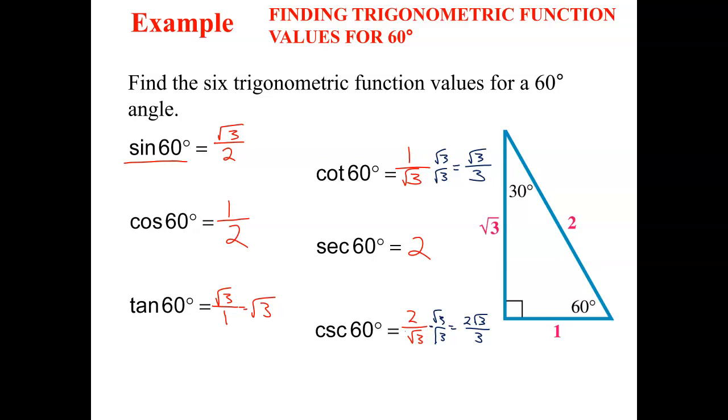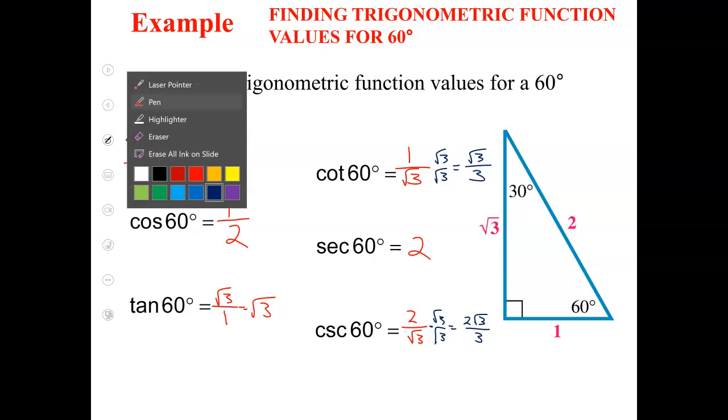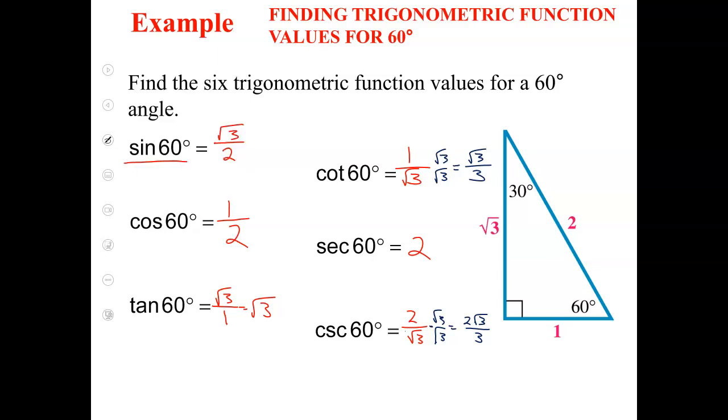Now, because we know cofunction identities, since I know sine of 60 degrees, what's the cofunction for sine? The cofunction for sine. Cosine, right? So if I know sine of 60 degrees, I also know cosine of what angle? 30, right? 90 minus 60.